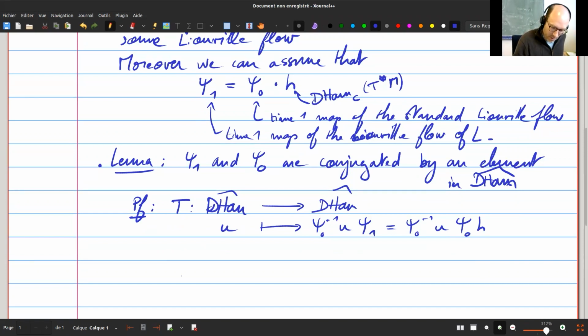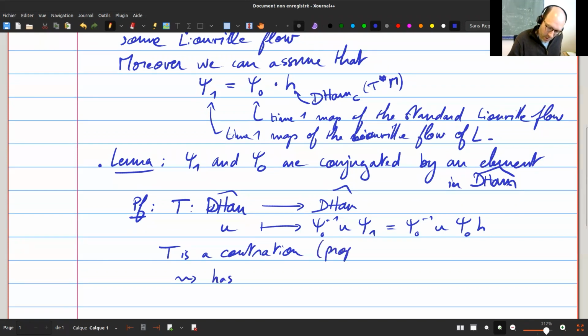So gamma is a contraction, T is a contraction, and since we are in this complete space, we have a fixed point. This follows from the properties of gamma, for example, the fact that it is bi-invariant and well behaved with respect to conjugation by conformal maps. And so there's a unique fixed point.